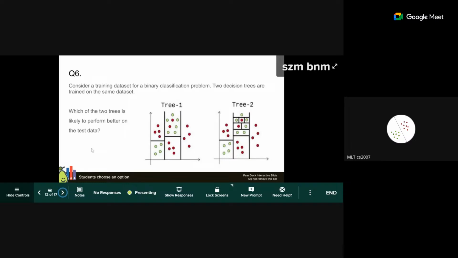All right. So here you have the decision boundaries plotted for two different decision trees. The question says, which of the two trees is likely to perform better on the test data? Tree one, okay.